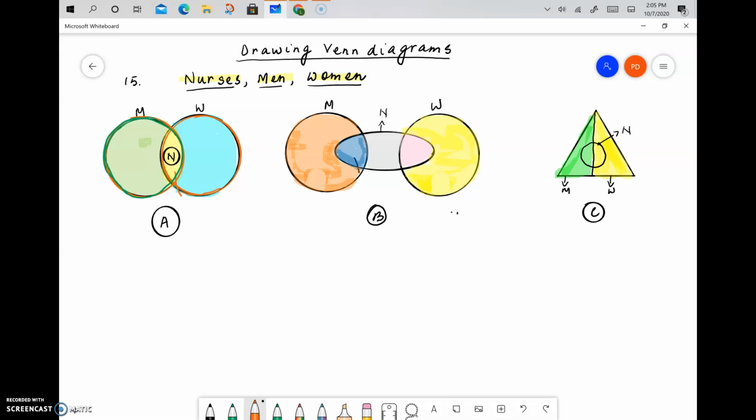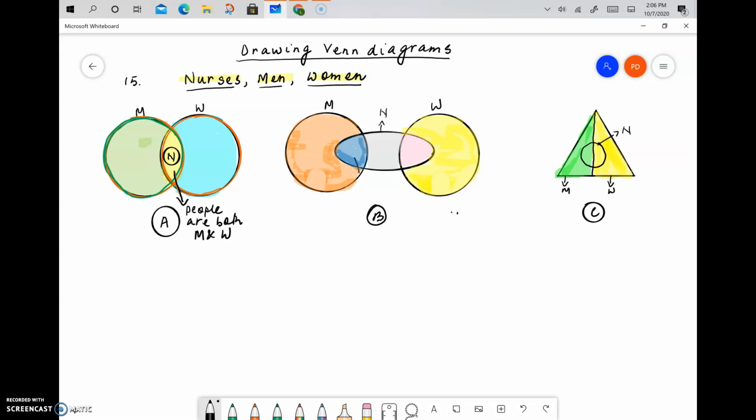Notice that the green region completely avoids the overlap. The blue region completely avoids the overlap as well. So let's see what exactly this Venn diagram is telling us. There is an overlap between the two sets of men and women, and the way the overlap is described is a region where people are both men and women, right?